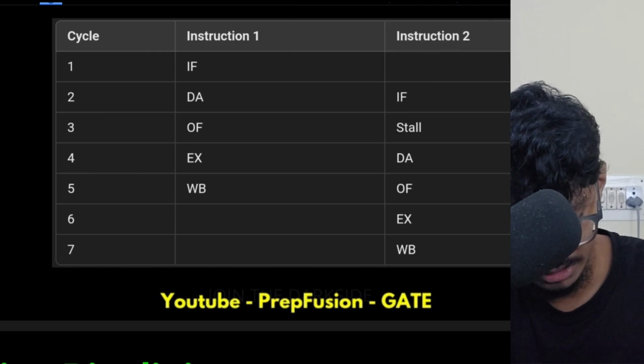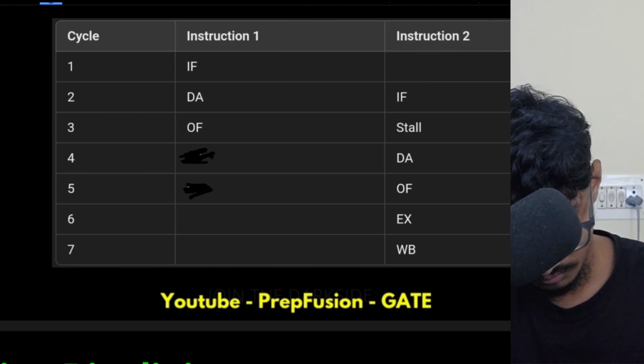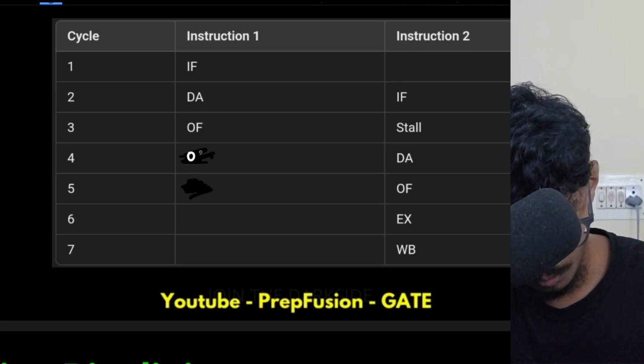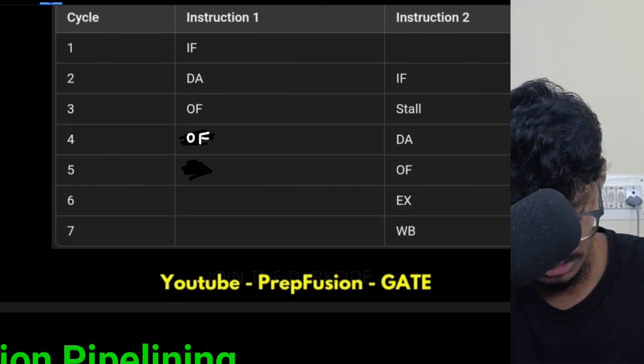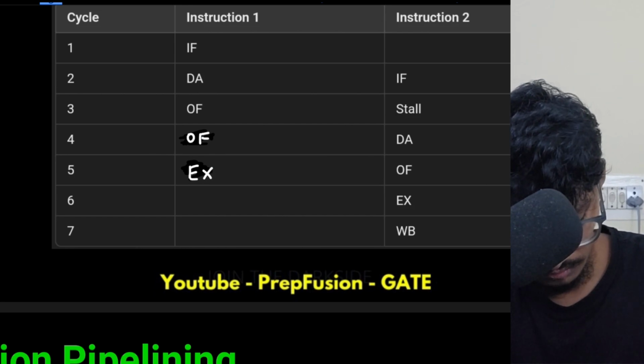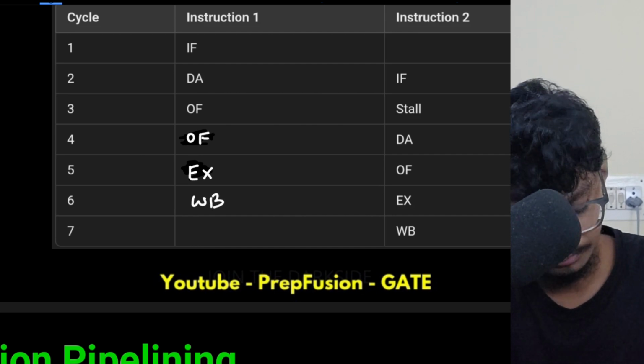Everything will be shifted by a single cycle. This cycle will also be an operand fetch because I need 2 cycles, this cycle will be the execution phase, and this cycle will be write back finally.